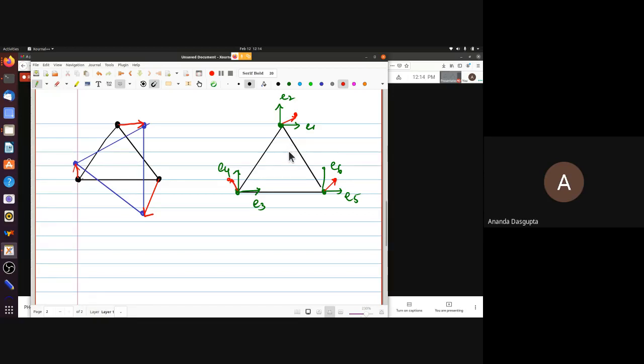Now, suppose that instead of this, I imagine a configuration where everything has been reflected about this line. Okay, maybe I will just draw this line a bit differently. Okay. This one is maybe like this.